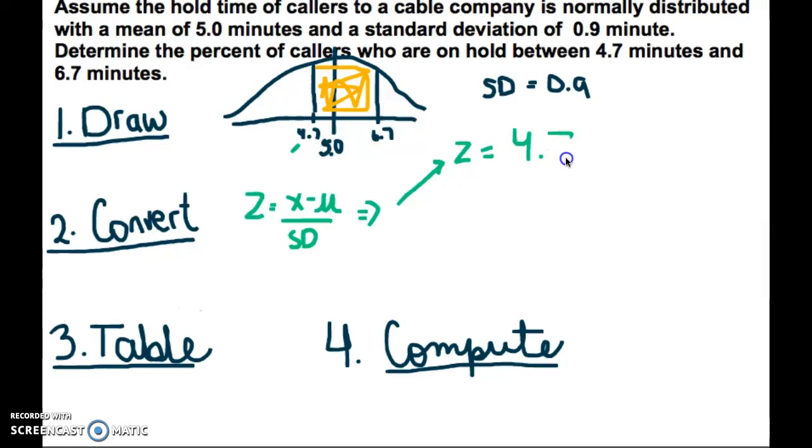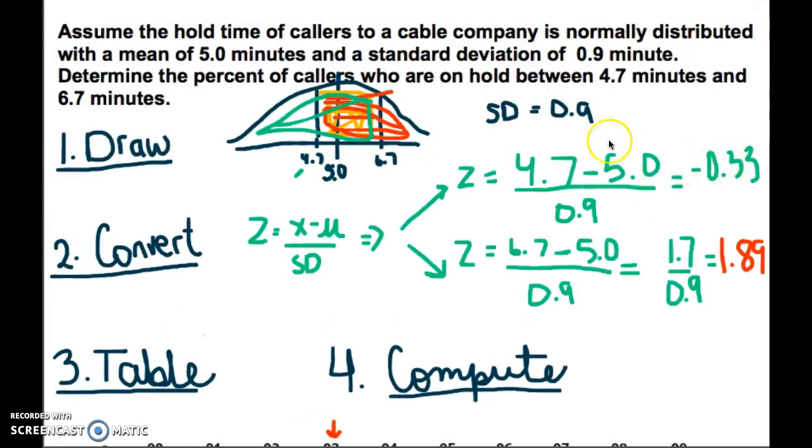4.7, subtract my mean, which is 5, and I'm going to divide by my standard deviation of 0.9. Okay, so my top value is 4.7 take away 5, leaves me with a negative 0.3 divided by 0.9. And I just put up here the rest of the work so it didn't take so long for you to watch.